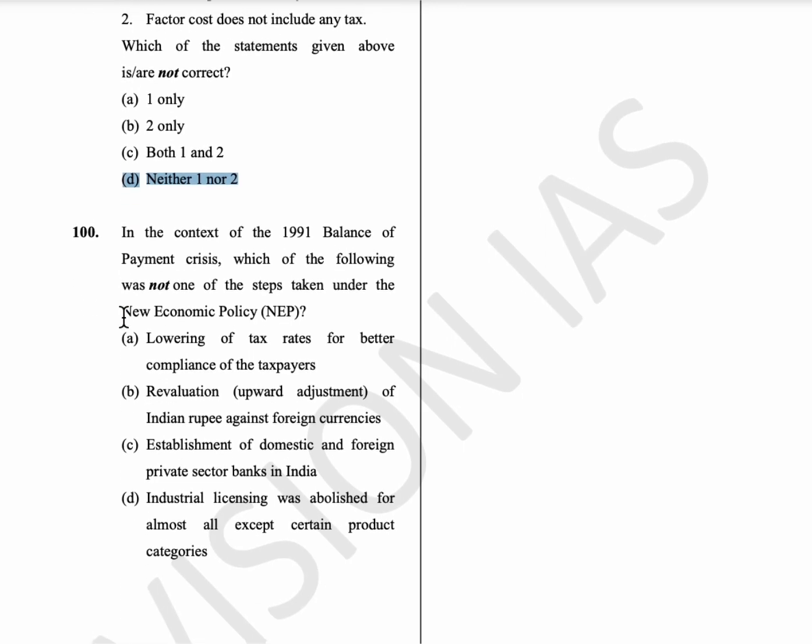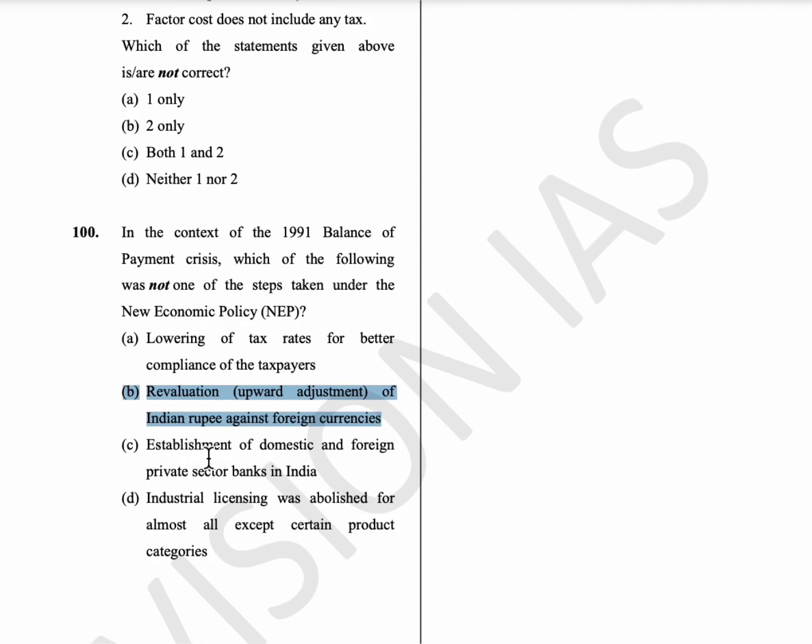100th question, the last one, in the context of the 1991 balance of payment crisis, which of the following was not one of the steps taken under the new economic policy? So lowering of tax rates for better compliance of taxpayers, this was taken. Revaluation of Indian rupee against the foreign currencies, this is not taken by the government.